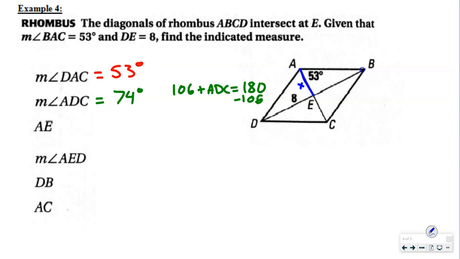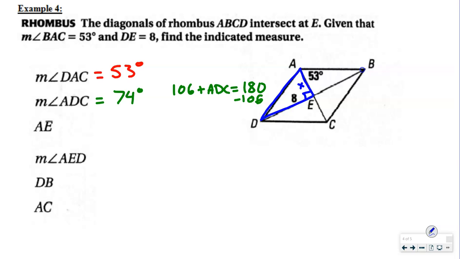So how else could we figure out AE? Well, what we do know is that that's a right angle, so that means this is a right triangle. And if it's a right triangle, what do I know with this?